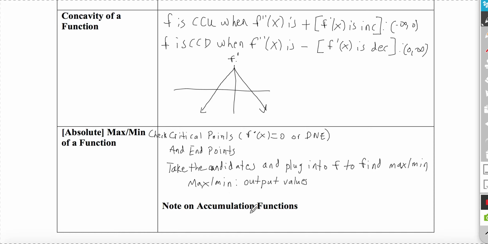One note on accumulation functions, just as it relates to the AP exam. One thing that they do really like to do is to take derivative graphs or derivative things and ask you about the absolute maximum and minimums of those things. Well, if you're just given a derivative, you need to be able to write a function then to give you the f function, right?